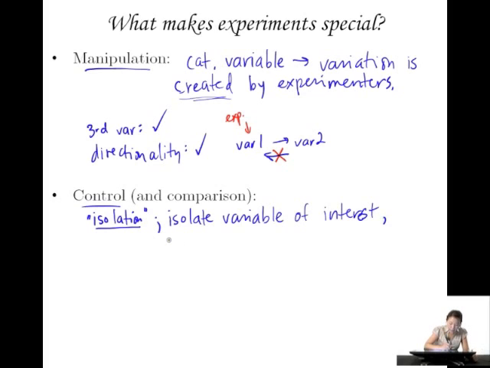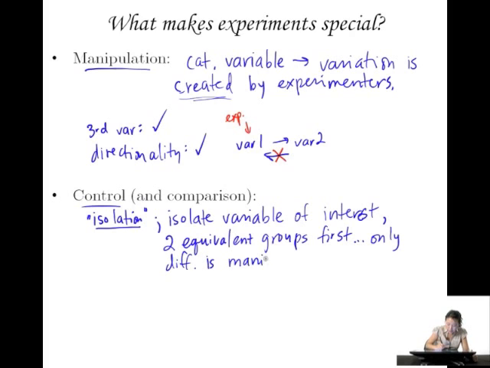We make sure we have two equivalent groups. First, the only difference is the manipulated variable, right?